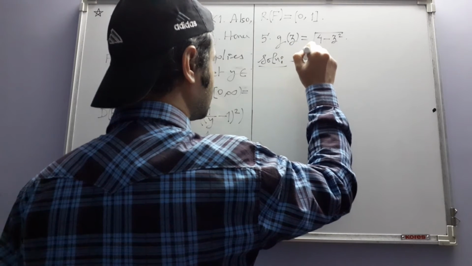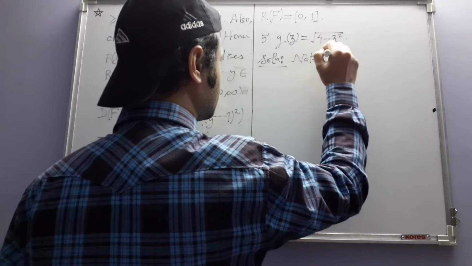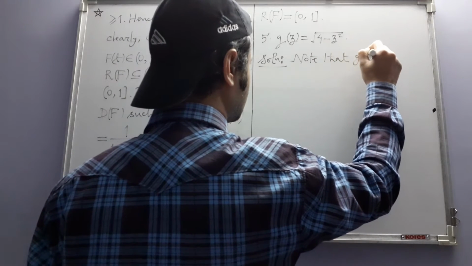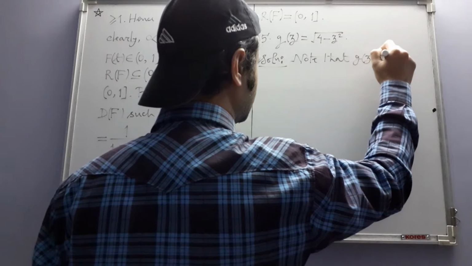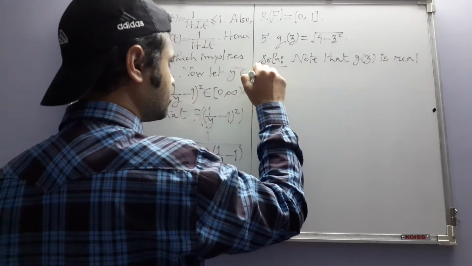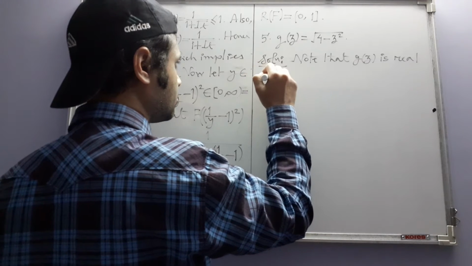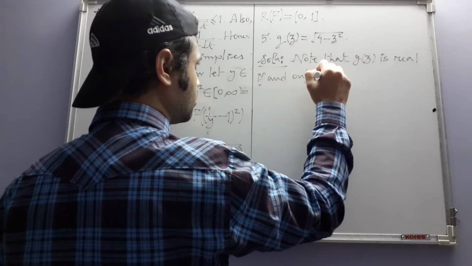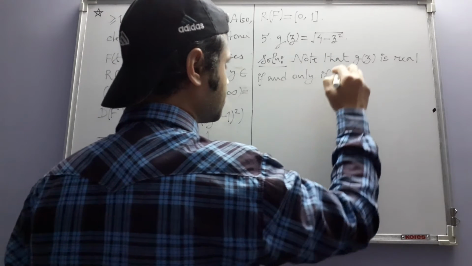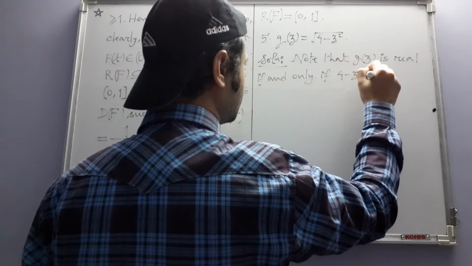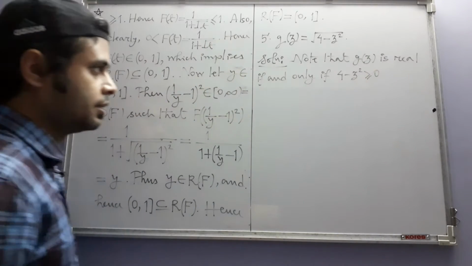Note that g of z is real if and only if 4 minus z square is non-negative.